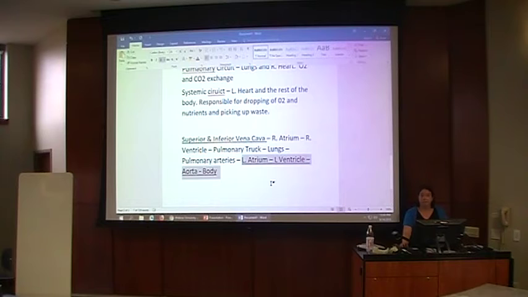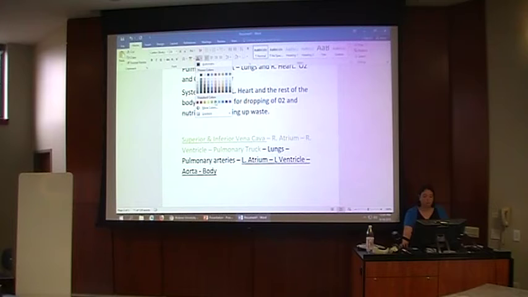I'm going to underline it. And then you can say, okay, superior vena cava, right atrium, right ventricle, pulmonary trunk, that's deoxygenated blood. So now I can make that blue. And I can say lungs is where gas exchange happens. So I can make that purple.